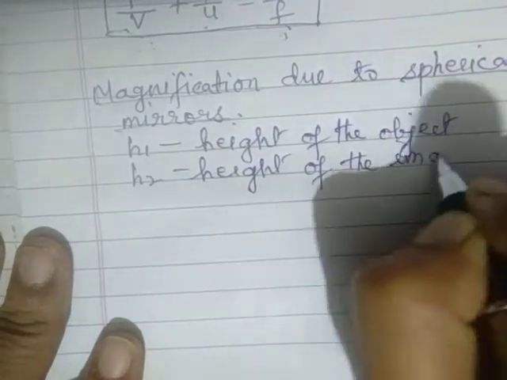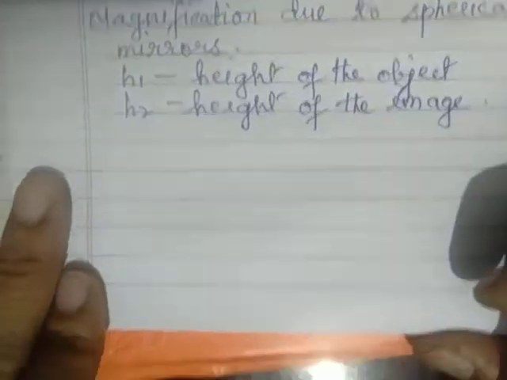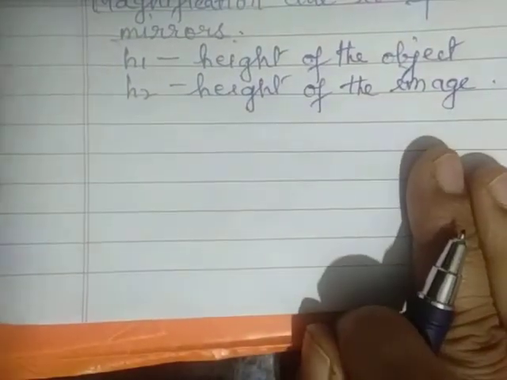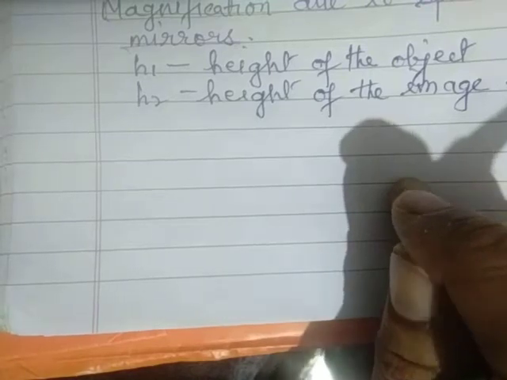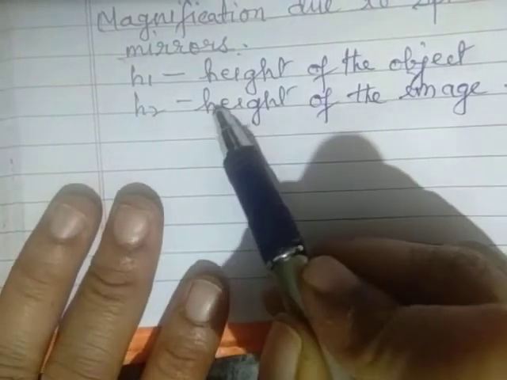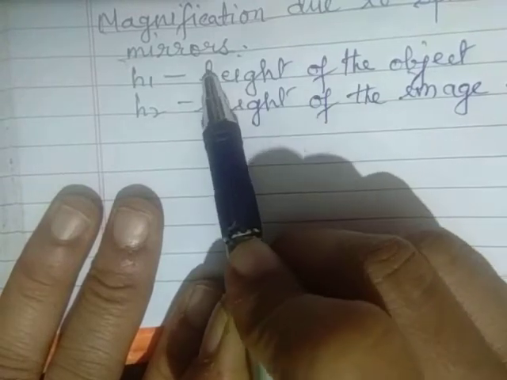Now, when we are finding magnification, always remember that it will be a ratio of these two. That means we have to compare the height of the image to the height of the object.